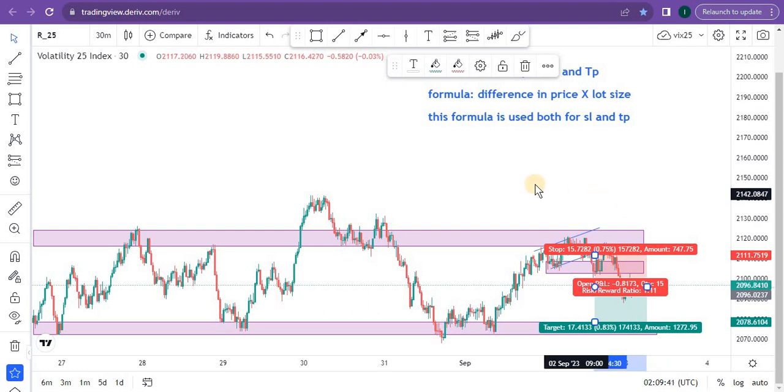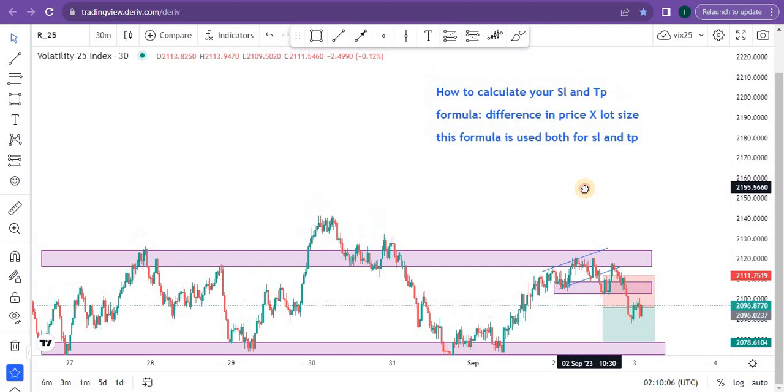Now, for you not to doubt yourself, all you need to do is practice this first in a demo account. Try to trade using this one, calculate it, and know at the back of your mind that at this point I'll be expecting a $10 loss in the market at that level. Try it out so many times and see how accurate it will be. If it is good for you, then you can start using it.